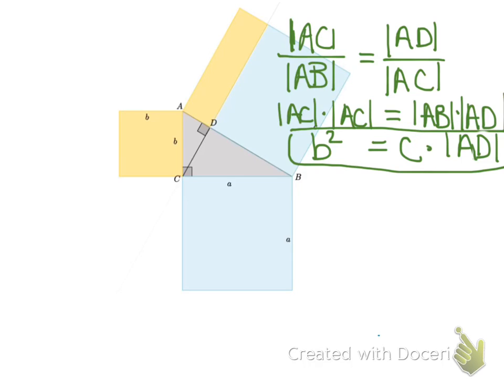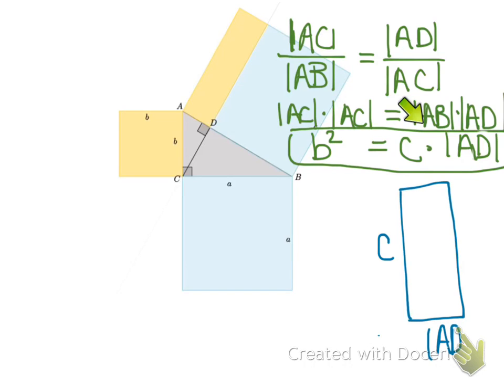So for that one, B squared is, of course, this area right here. C times AD is going to be a rectangle with length C and length AD. I could represent this multiplication with an area, using an area model. C times AD would be this rectangle.